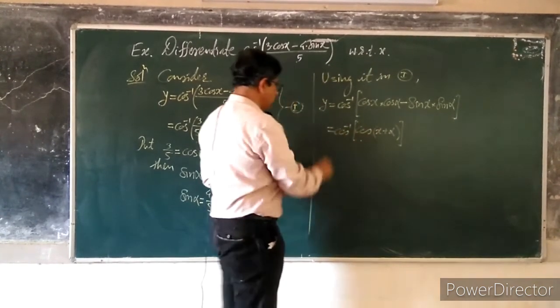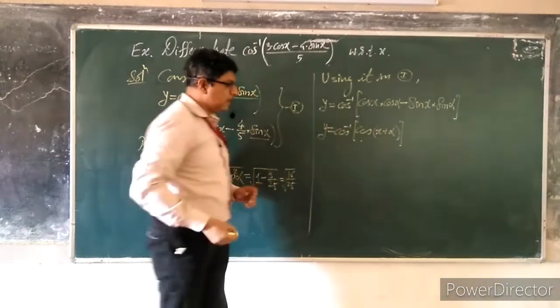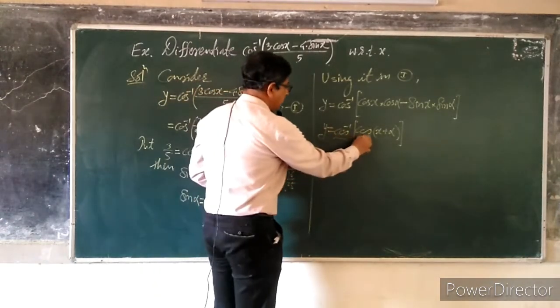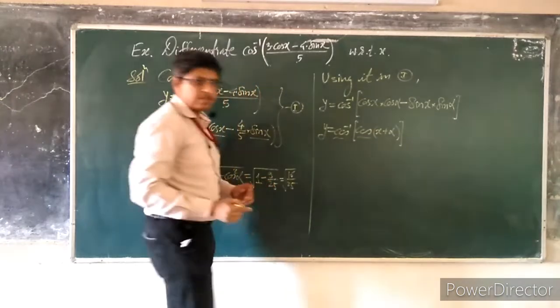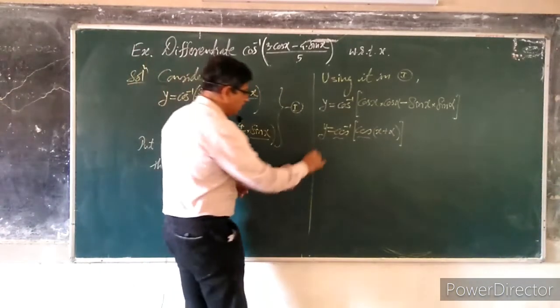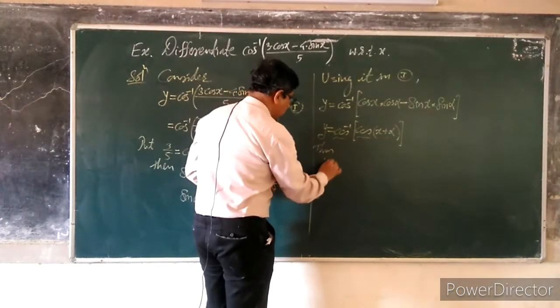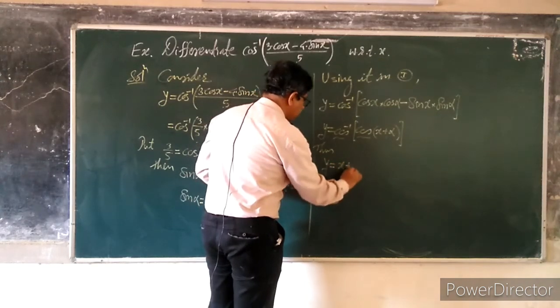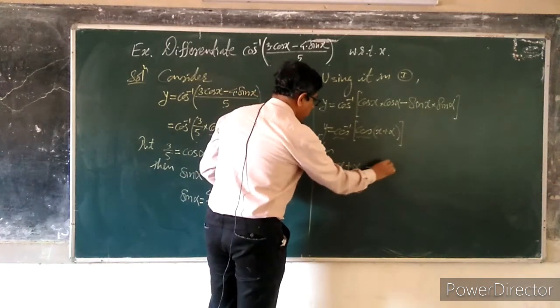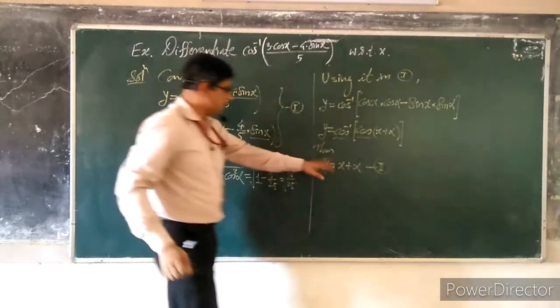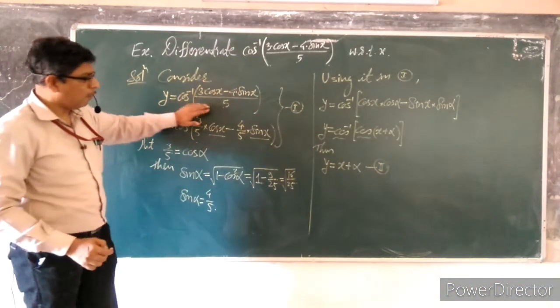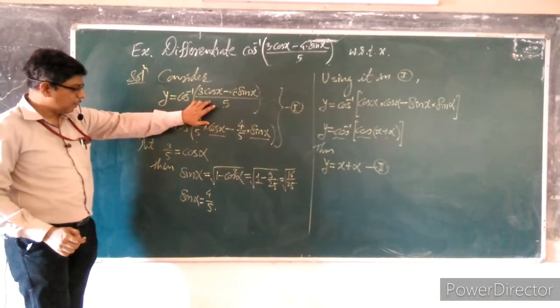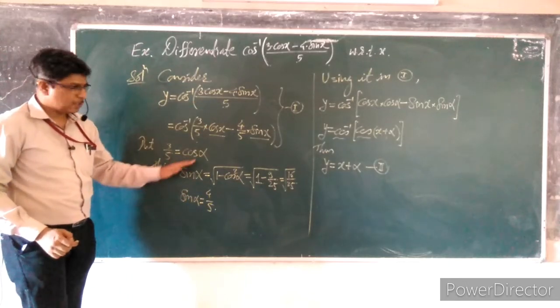And so we are getting here y is equal to cos inverse of cos, they are inverse operations of each other. They cancel each other, so we are getting y is equal to x plus alpha. This is second. And now see, the equation second is the simplified form of the given function after substituting this.